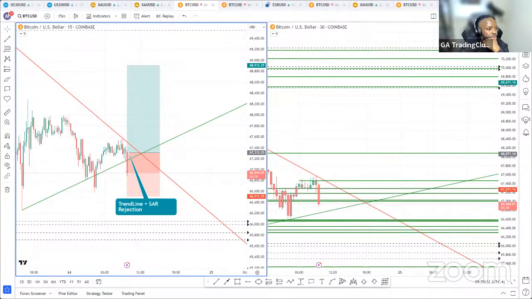Might be coming to an hourly demand on gold as well. Actually, no. Need to redraw the areas for gold.